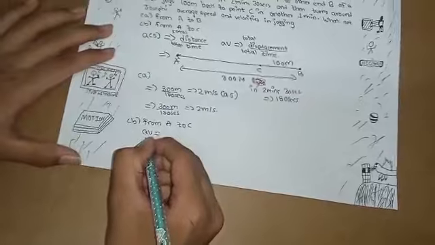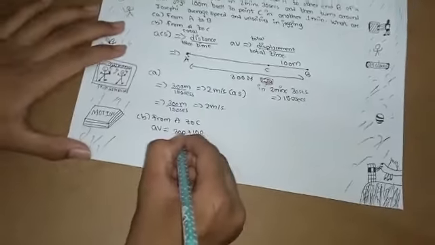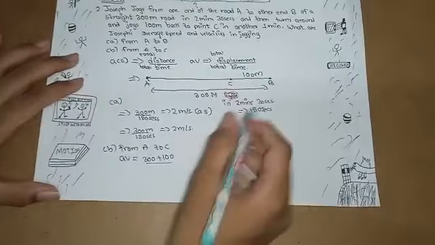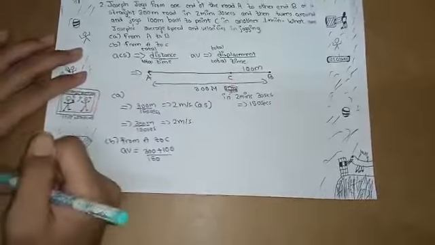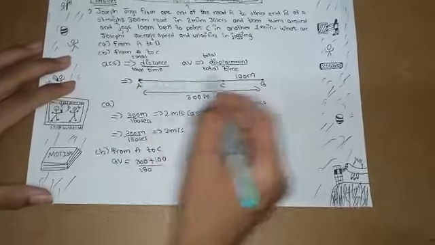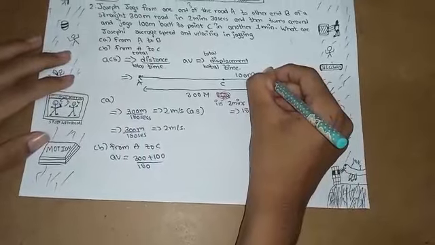So the average speed would be 300 plus 100 by time. You already know it is 150 seconds, but don't forget to add the other time taken by Joseph to travel from B to C, which is 1 minute.